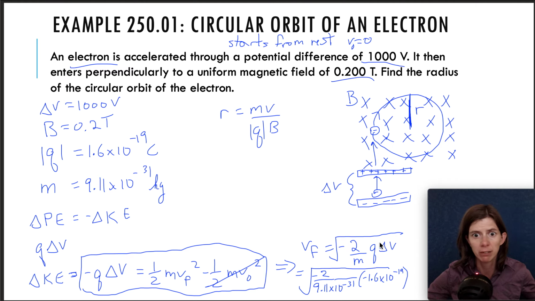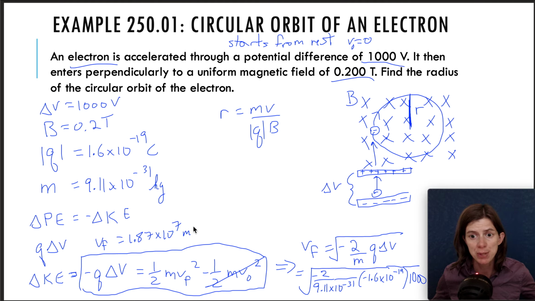And then the delta V was 1,000. We plug all of those numbers in, the negatives will cancel out so that we can get an answer. I ran out of room here, so I'm going to write it over here. v final is equal to 1.87 times 10 to the 7 meters per second.